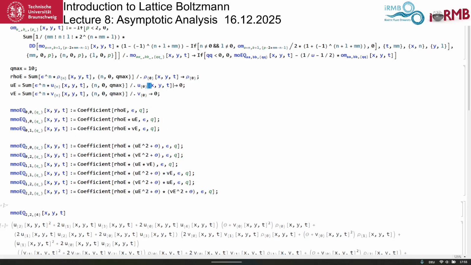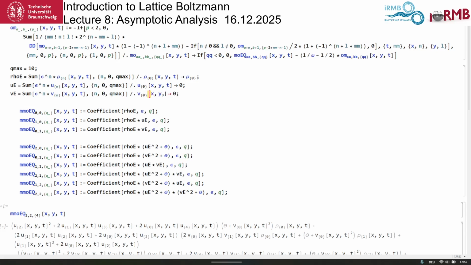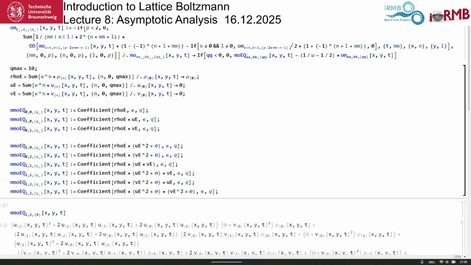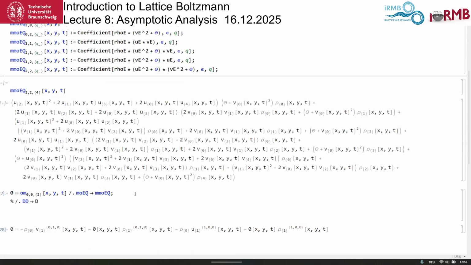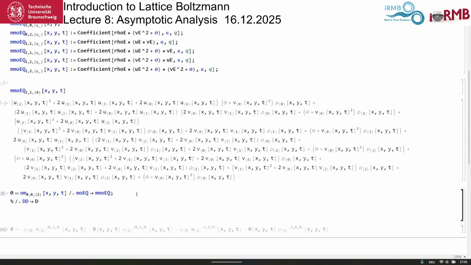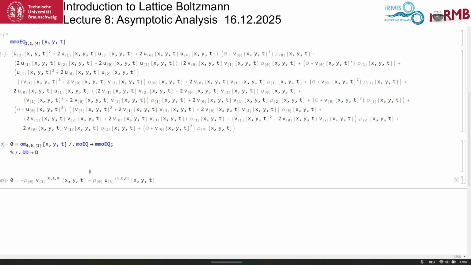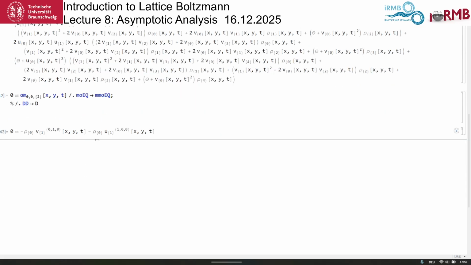That's strange what Mathematica does. It puts a 0 as a name there. X, Y, and T. Did I make another mistake? So at least I will get a result that we expect. Okay? So actually we are not too far away from where we want to go, because this is already the first equation that we wanted to have.